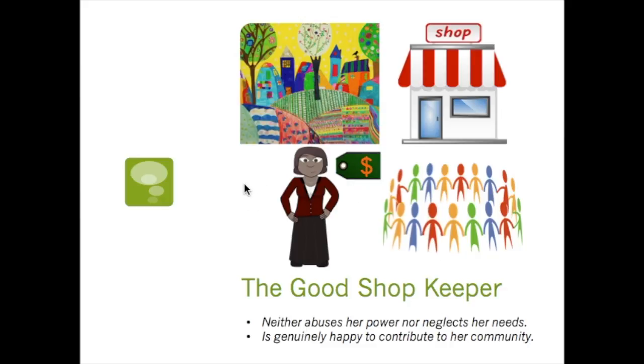Not because of a universal rule that tells you that you ought to respect others and have a universalizable maxim of your action, not because it maximizes happiness for the community, but because she never abuses her power or neglects her needs. So she's acting according to a mean between doing too much or too little. She's also genuinely happy to contribute to her community.